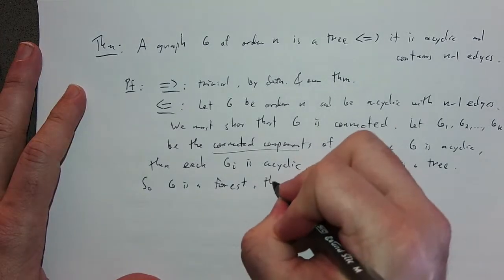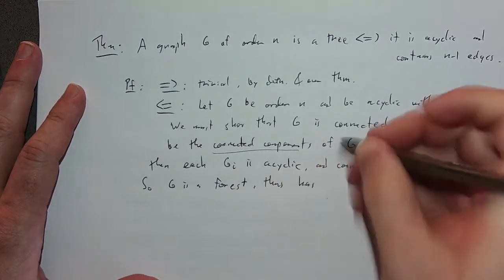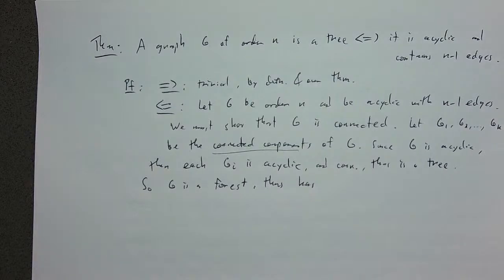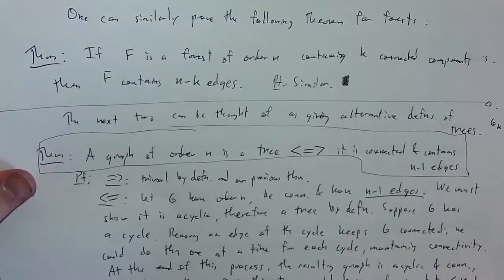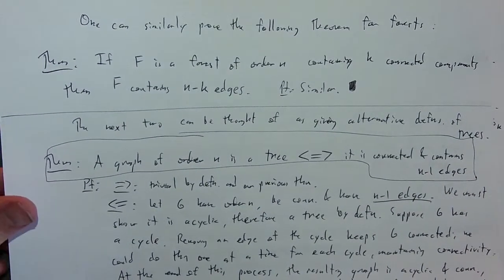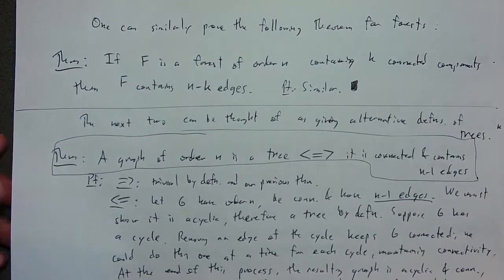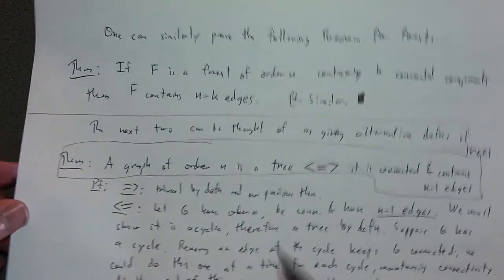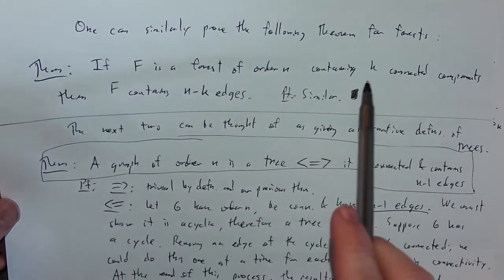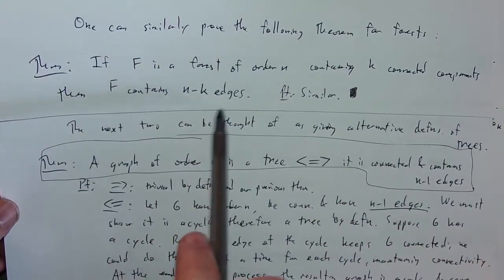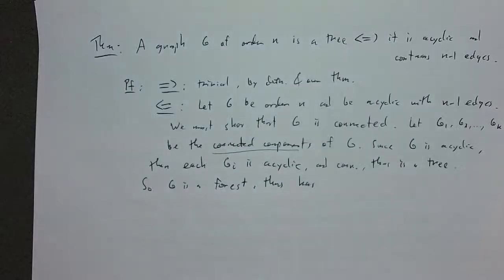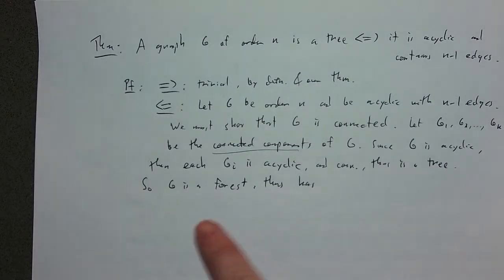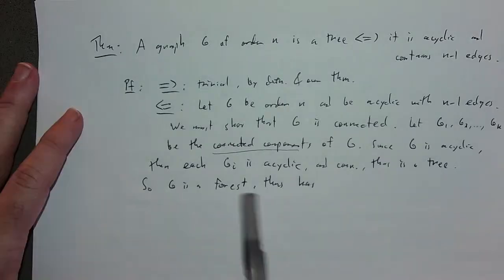Thus, let's go back to the theorem that we didn't prove, but I told you the proof was similar, and you can have a gander at it. Maybe that'll be another homework problem. If F is a forest of order n containing k connected components, then it has n minus k edges. So G is a forest.